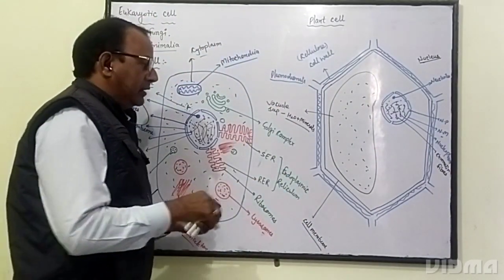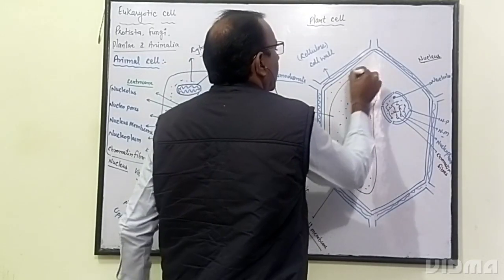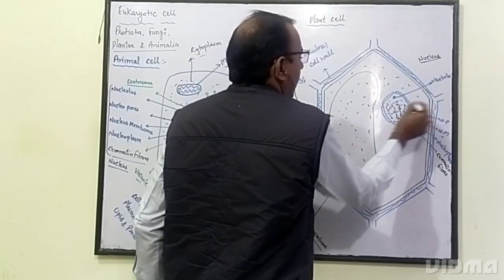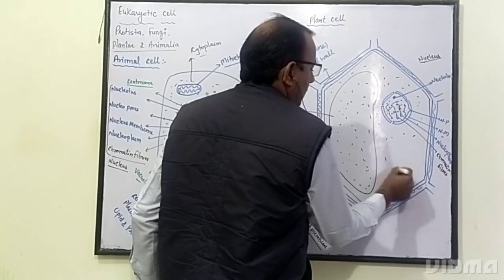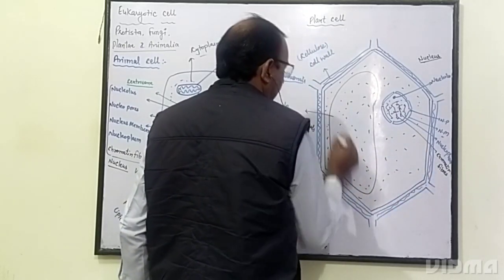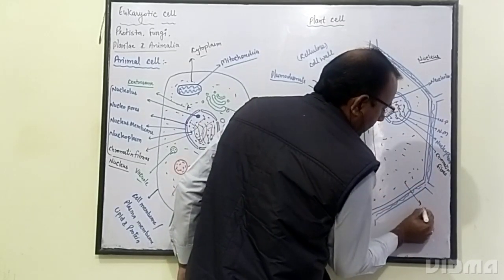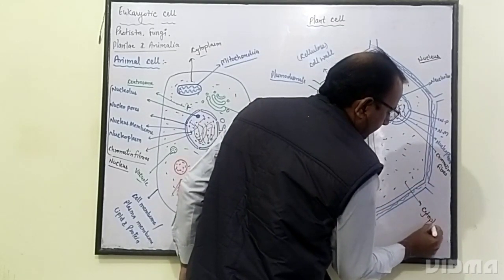Among the other cell organelles, this cavity is filled with fluid, and this is called cytoplasm. The gap between the nucleus and the cell membrane is filled with another fluid, which is called cytoplasm.